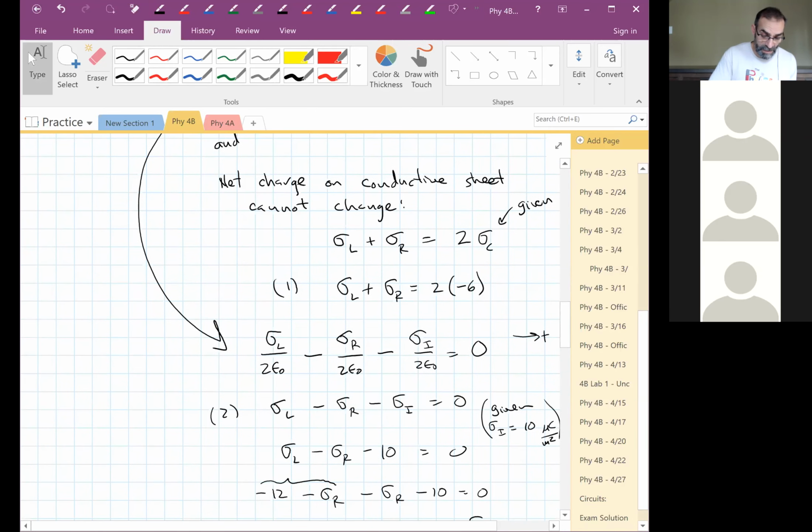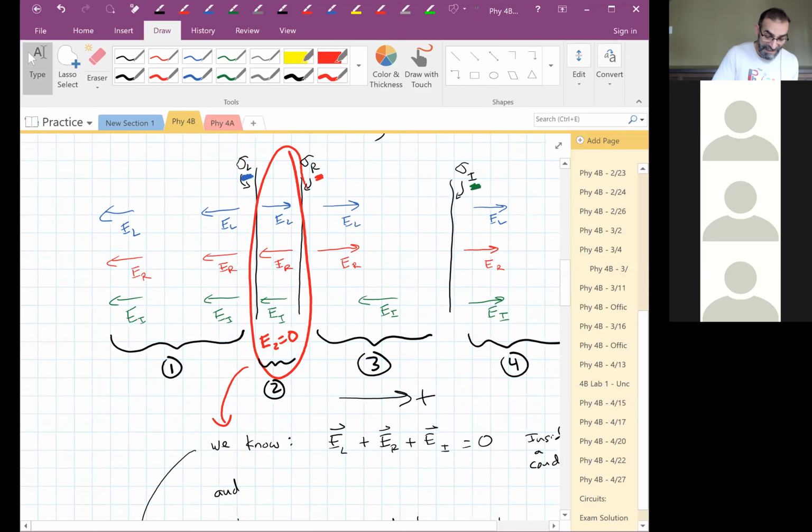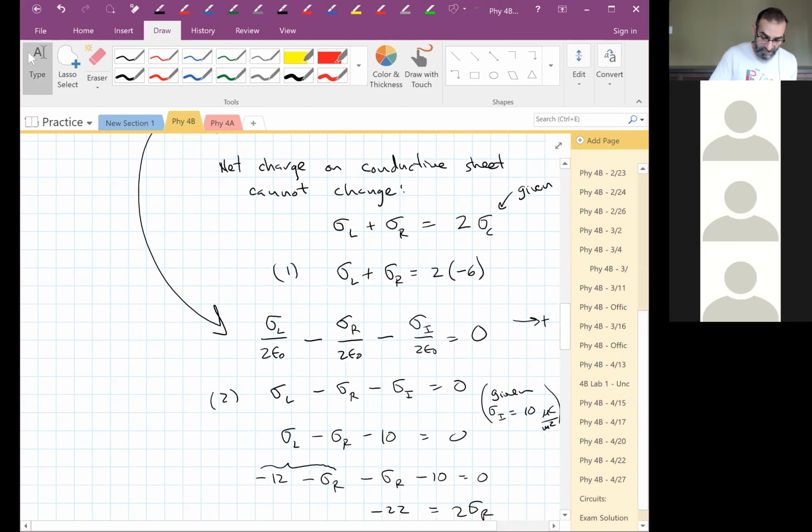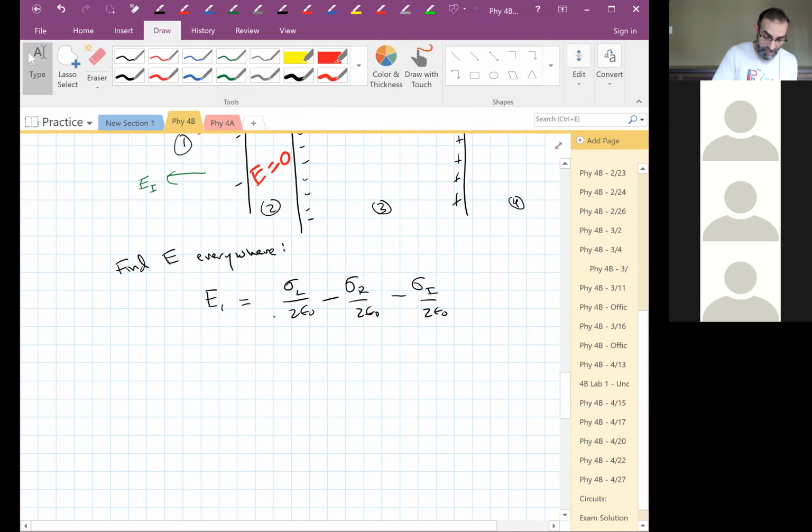Nope, that's not my equation. That was my equation for E2. For E1, they're all in the negative direction, right? So that was the equation I got, just assuming they were all positive. Now I can plug in the ones I know are negative.